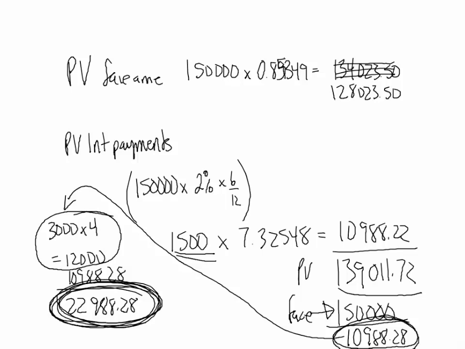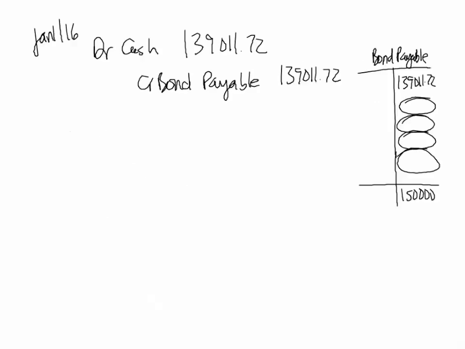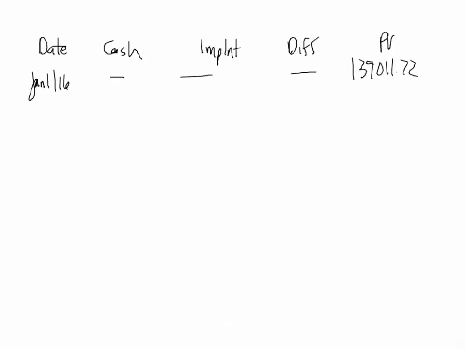All right. So that's going to be reflected in our chart. At June 30th, 2016, how much cash are we going to pay them? We're going to pay them $1,500, but we're going to pay implicit interest.